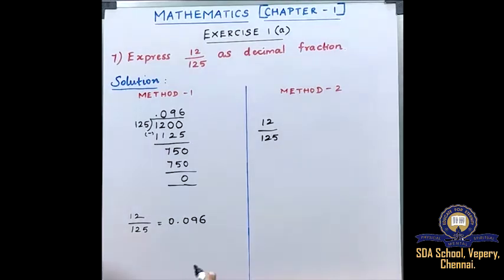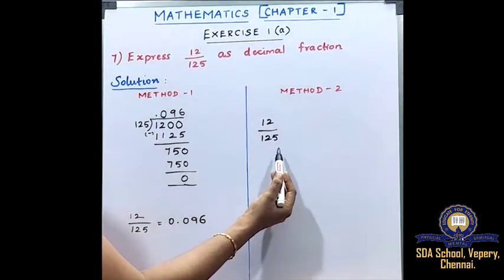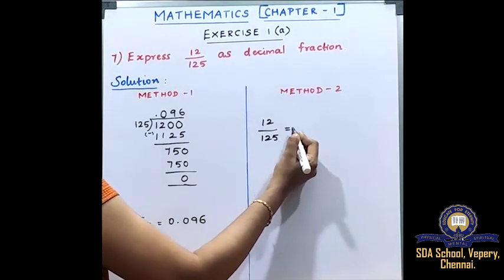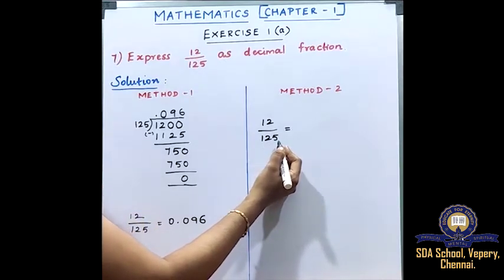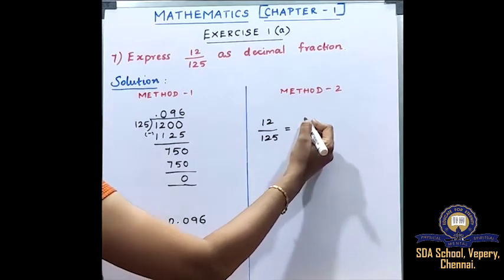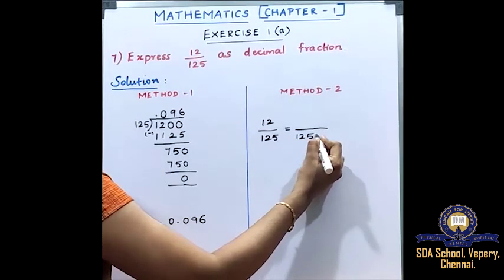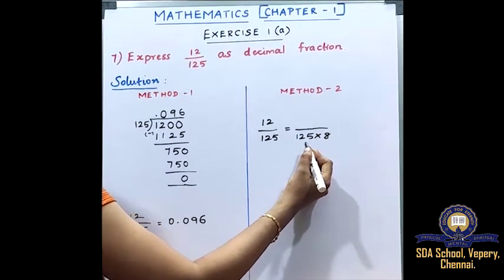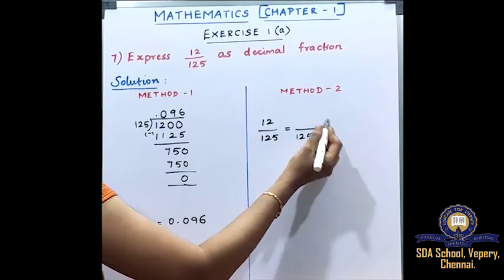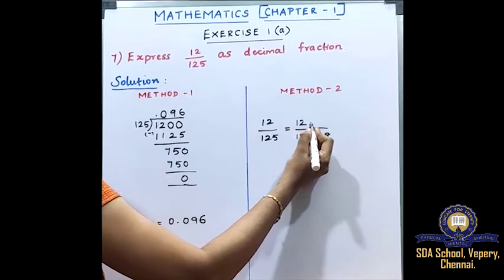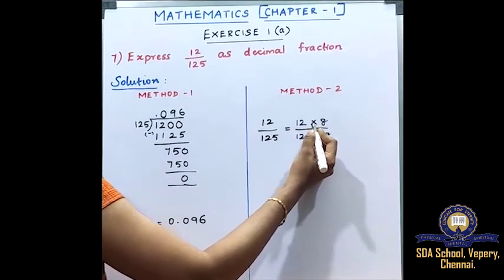The next method is to write the denominator in terms of 1000. When will you get the denominator as 1000? If you multiply 125 into 8. Since we are multiplying the denominator with the number 8, we have to multiply the numerator also with the same number.